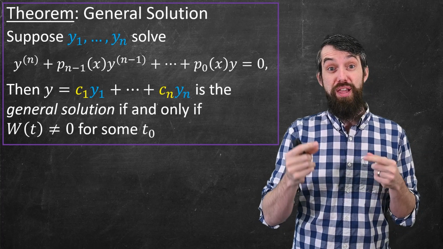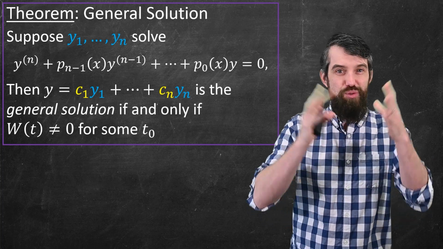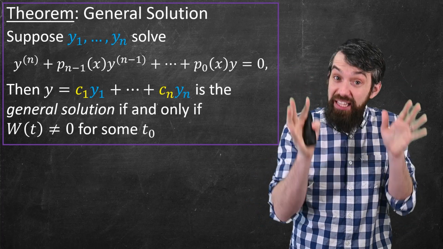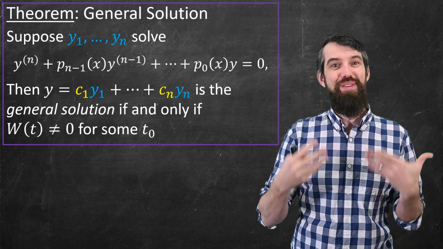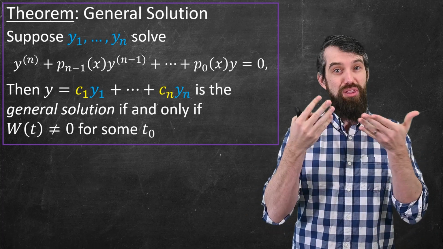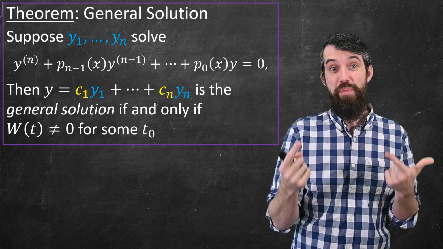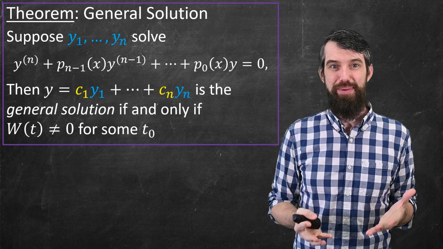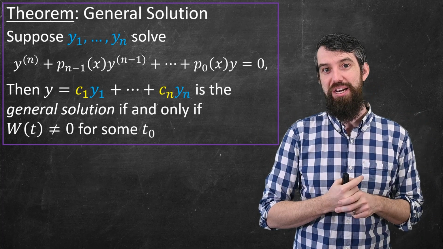Now, for those of you that know a little bit of linear algebra, I want to make the analogy a little bit stronger. We have this wonderful theorem in linear algebra that says, suppose you have n linearly independent vectors. Well, if you live in n dimensions, then the linearly independent vectors form a basis, which means any vector could be written in terms of those n linearly independent vectors. It's really the same type of statement. We're imagining that we're living in n dimensions because we've got an nth order differential equation.